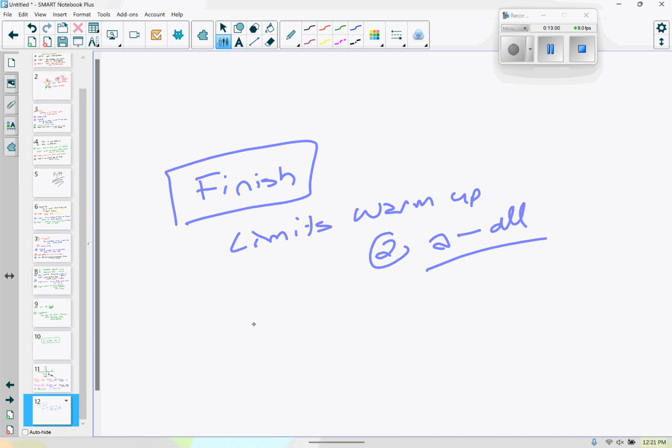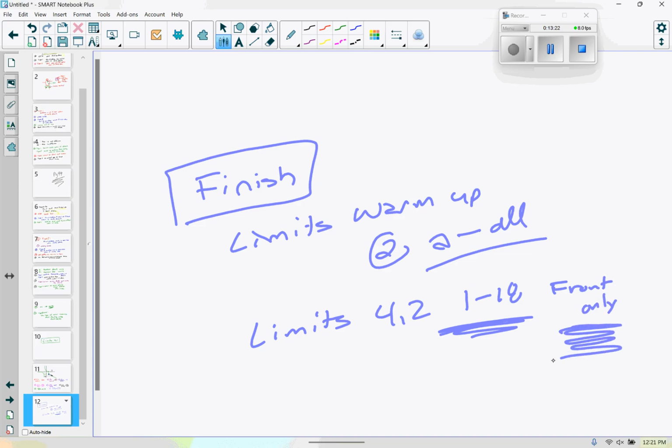And then take the opportunity to work on limits 4.2 and just worry about doing 1 through 18. You have the rest of the period to work on that. Happy to help you. Don't worry about the back side of 4.2. Just do the front only for now. Deal?